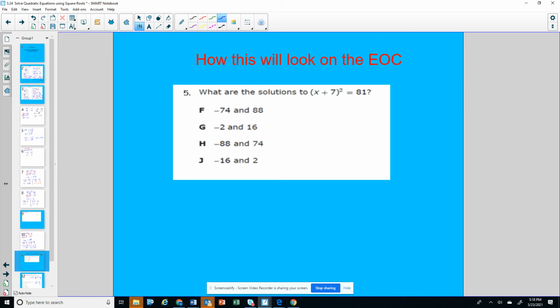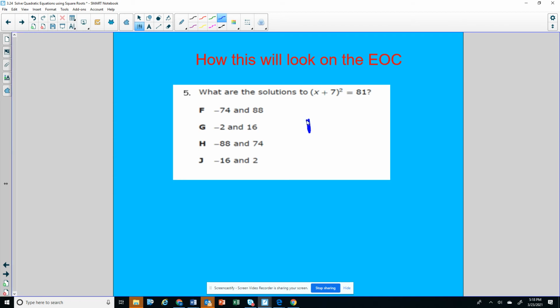So when you see something like this, you want to cancel the square here. So what I'm gonna do is take the square root of (x plus 7) squared equals the square root of 81. Remember, what you do to one side, you gotta do to the other side.